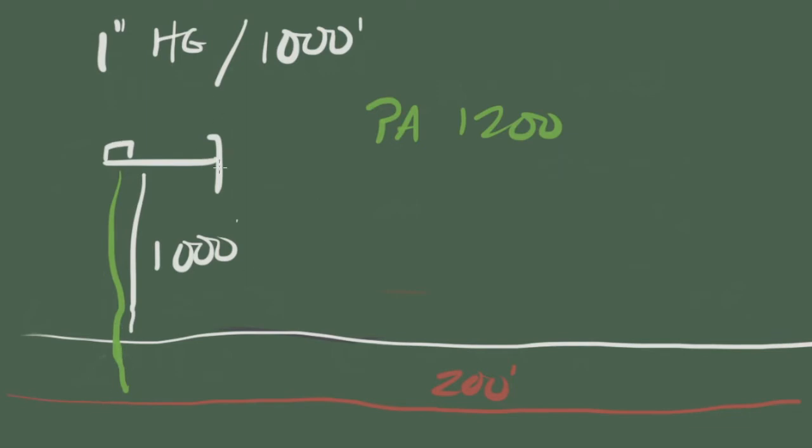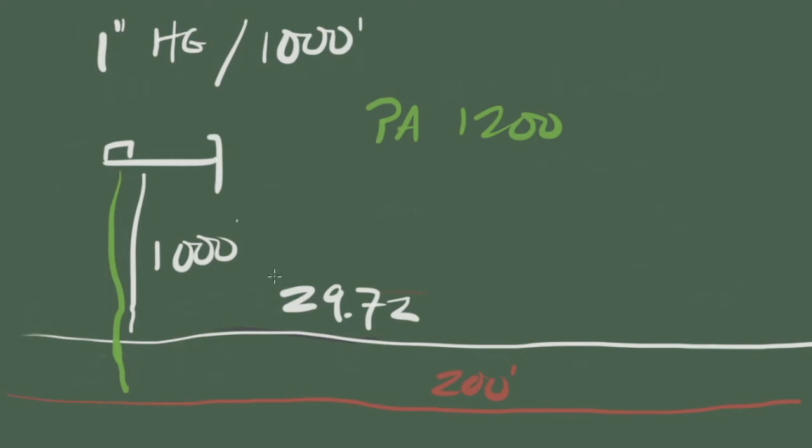If we said the altimeter setting for the day was 2972 at sea level, and we set 2972 in our altimeter, it's going to tell us 1,000 feet, which is what we're doing, and that's what we want. If we set it for 2992, now it's going to give us 1,200 feet because that standard lapse rate is built into the altimeter.